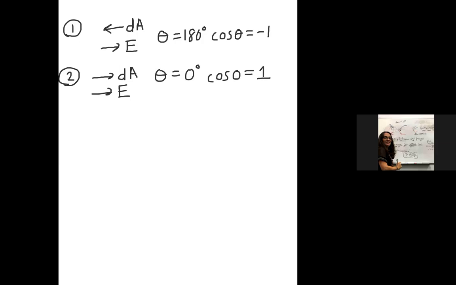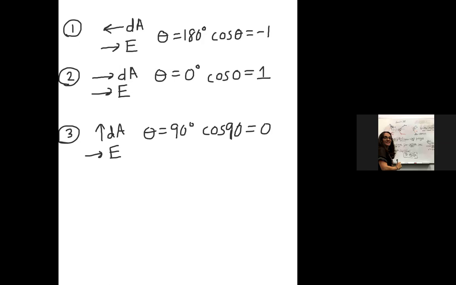What about face 3? This is like the ceiling. dA points upward. E field still points in the positive x. That hasn't changed. What is theta between them? 90 degrees. What's the cos of 90? Cos of 90 is 0.